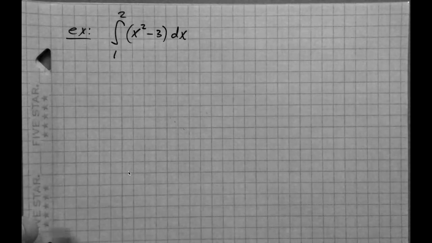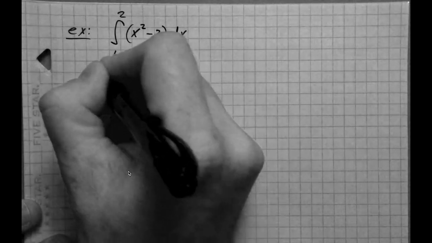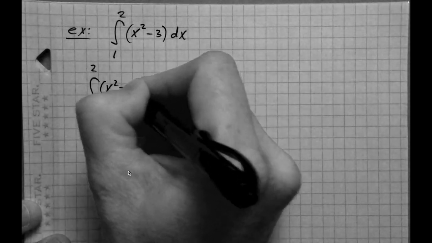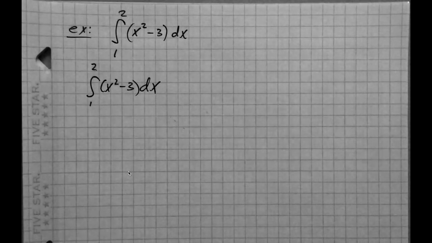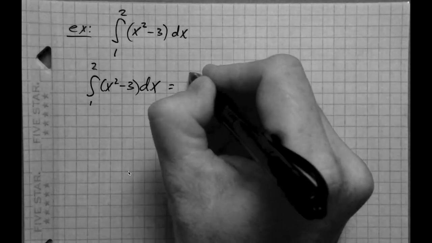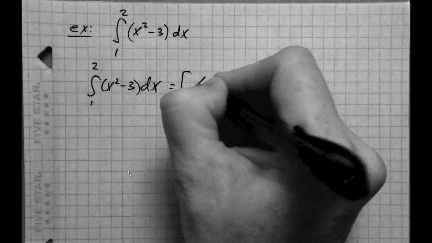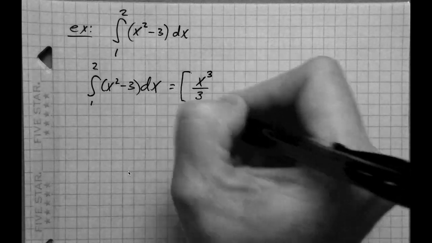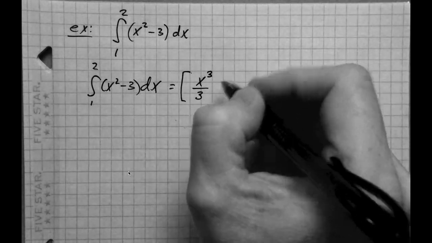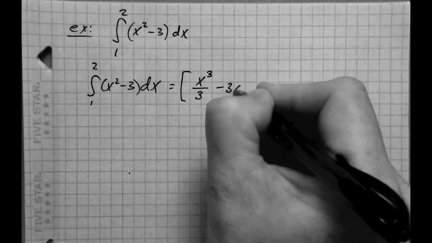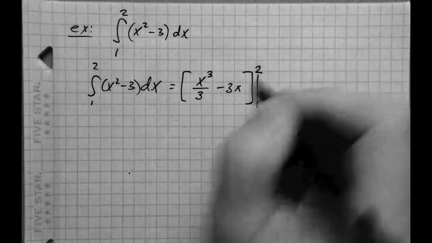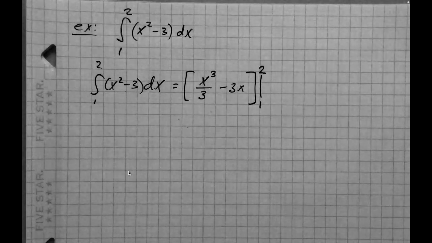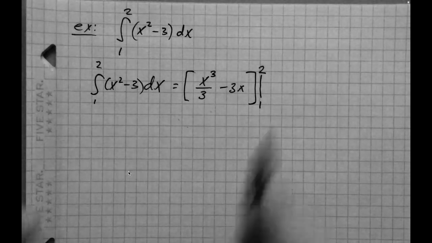But now what we can do is just take the integral, and because this is just a polynomial, we know what the general form of the antiderivative of a quadratic looks like. We can just jump right to that and say this would be x to the 3rd power over 3 minus 3x. And that is going to be from 1 up to 2. There's the integration part of it.